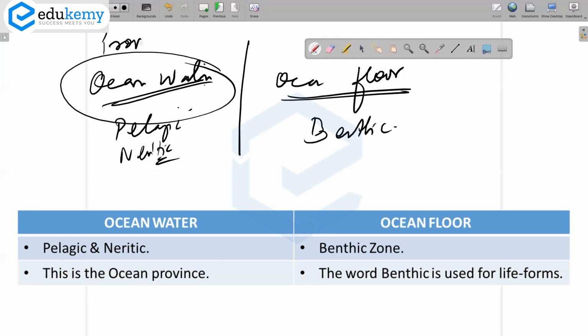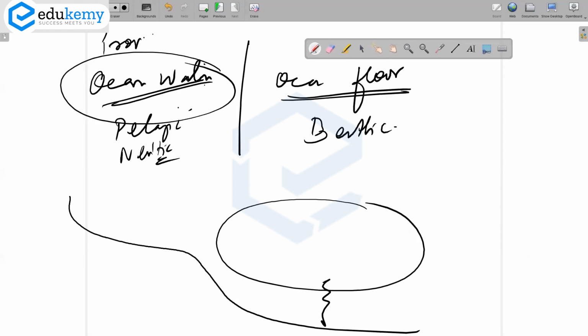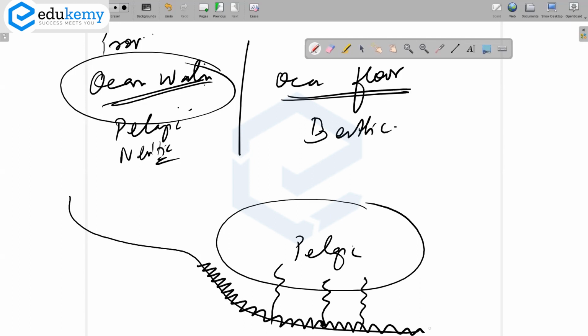This is the ocean province. The deposit. Okay. This is pelagic water's deposit on the floor. So we don't use the word benthic here. So when we say pelagic deposits, we imply the deposits of the open ocean floor.